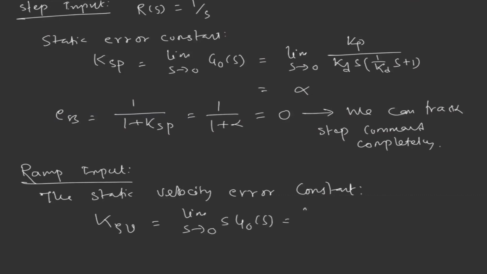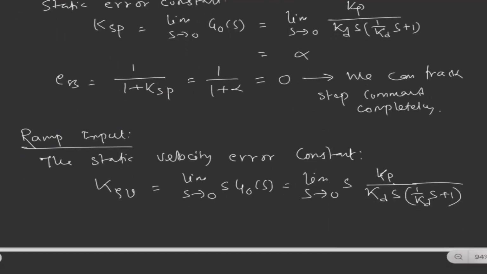If you substitute in place of G naught of s, KP by KD s times 1 by (I/KD s plus 1), here s is cancelled, so the value goes to KP by KD.